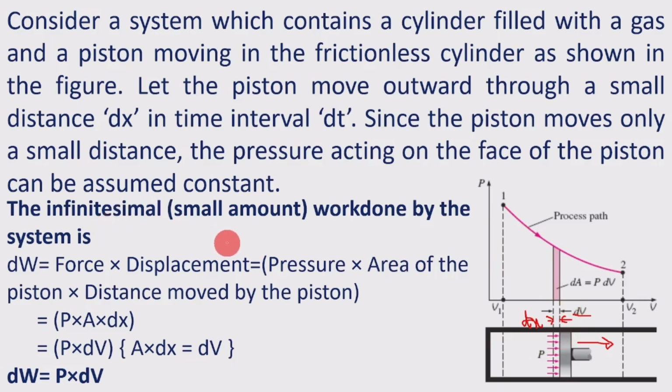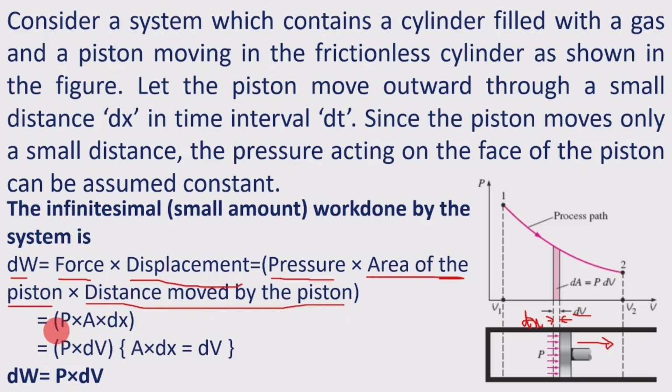The infinitesimally small amount of work done by the system is dW equal to force multiplied by distance, according to the definition of work. The force is given by the pressure, which is force per area, so the force is equal to pressure into the area of the piston. Then the distance moved by the piston is the displacement.